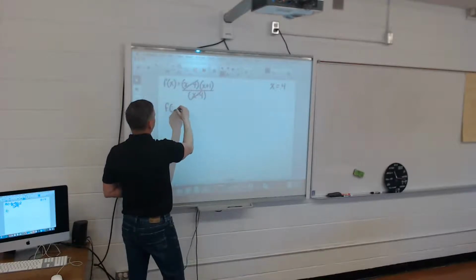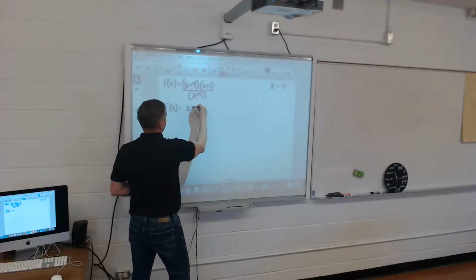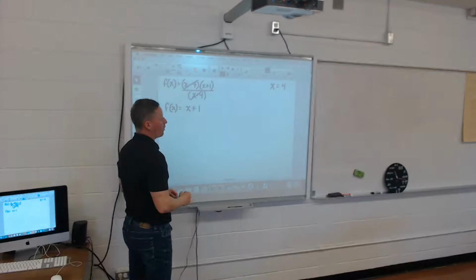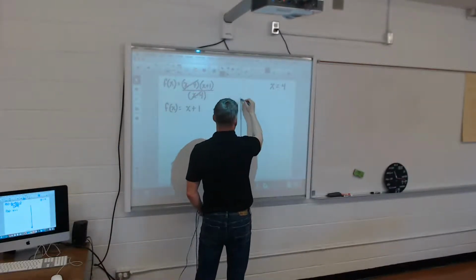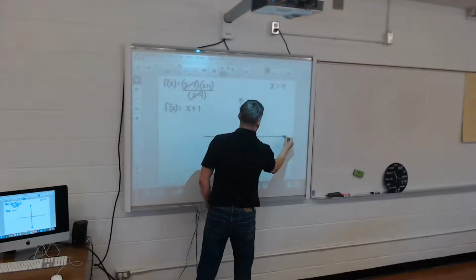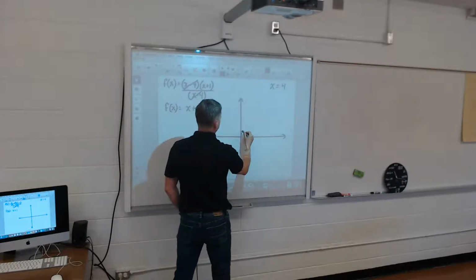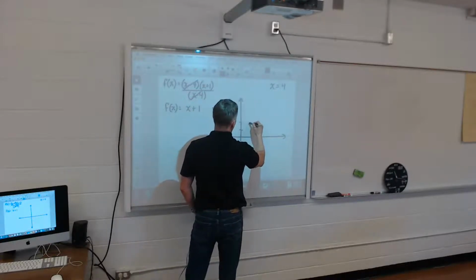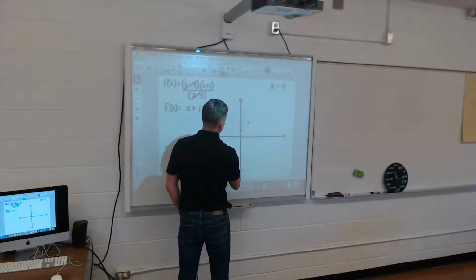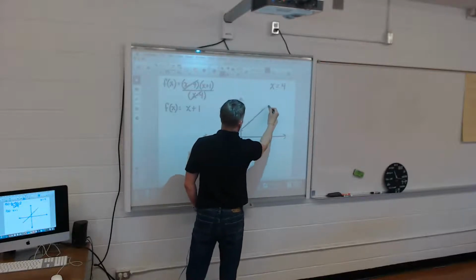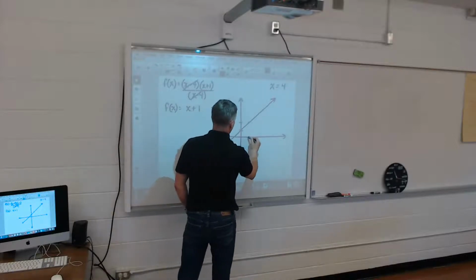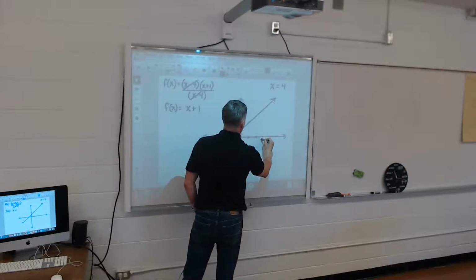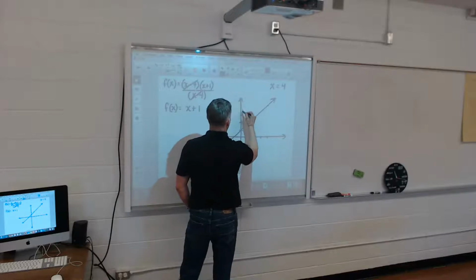My new graph is the graph of x plus 1. So I graph a line: up 1, right 1. Got that there. 1, 2, 3, 4.